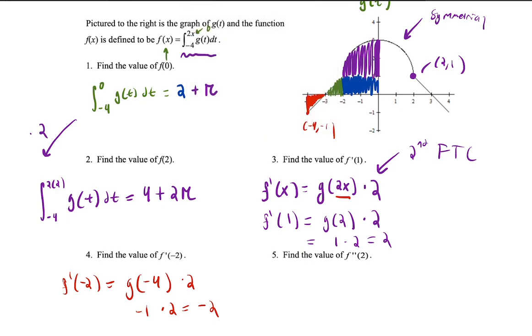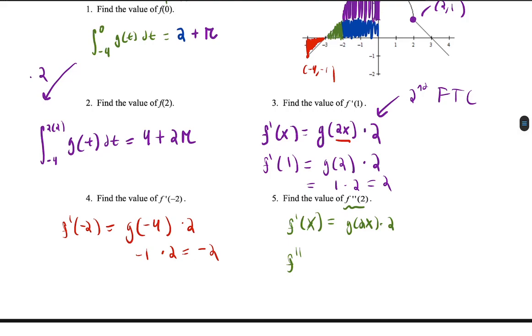You could easily be asked to take a second derivative here, and they might not ask you the first derivative first. You might have to do all of this and realize that what you're being asked to find, if f prime of x is equal to g of 2x times 2, well then f double prime of x is going to be g prime of 2x times 2, chain rule.